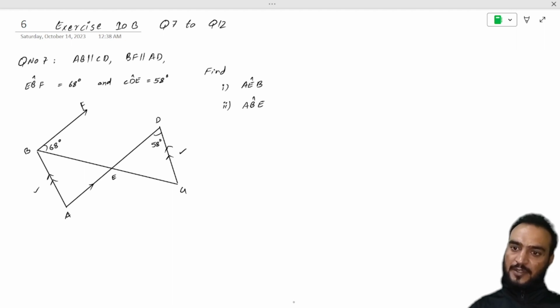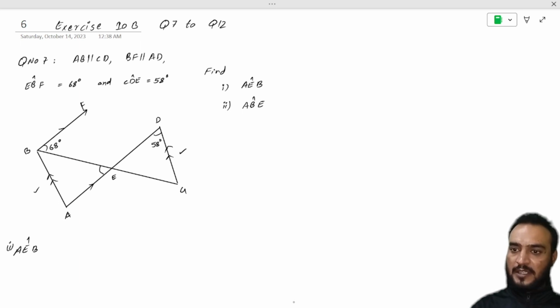This line BF is parallel to AD. We have to find first of all the angle AEB. We have to find this angle. So how can we find the angle AEB? Where is the angle AEB? This is the angle which we have to find.